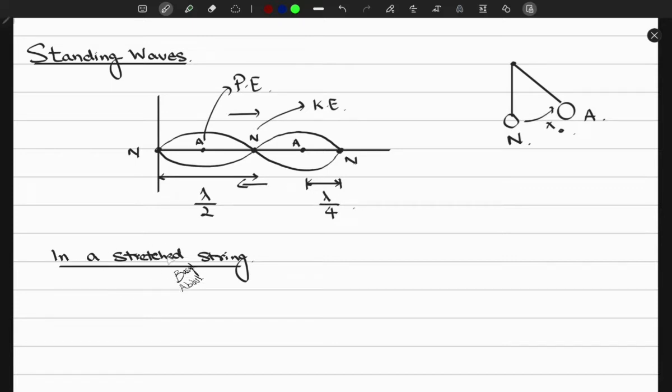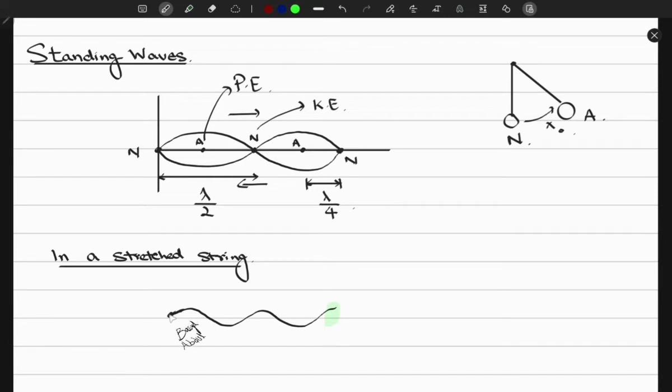Now, consider an example where standing waves are formed in a stretched string. If I have a string which is fixed at this end, and one end which is free, and I oscillate it something like this, then this is the free end of the string, highlighted in green, and this dot is the fixed end.